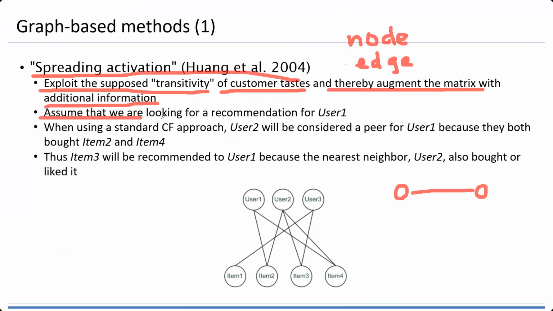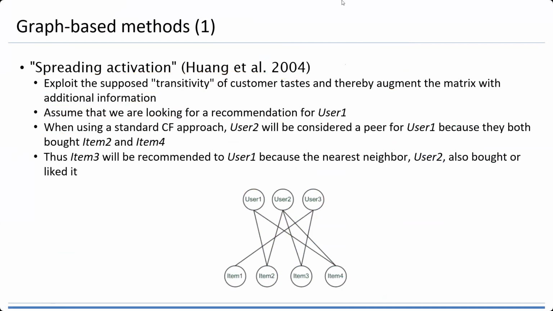Assume that we are looking for a recommendation for user 1. So now I have user 1. When using a standard CF approach, let's say I have user 1, user 2, user 3 as nodes, and then I have other nodes, which are item 1, item 2, item 3, and item 4.